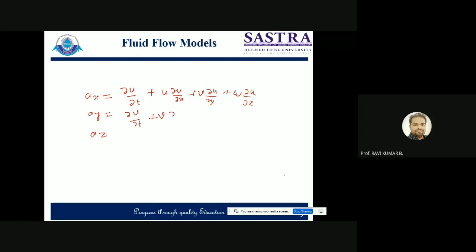So this is a very simple expression that you need to keep in mind when you are calculating the velocity and acceleration.